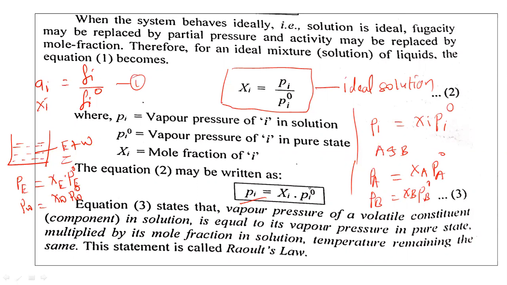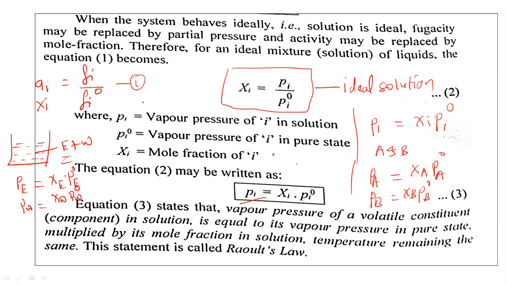So equation 3 states that the vapor pressure of a volatile constituent in a solution is equal to its vapor pressure in the pure state multiplied by its mole fraction. What is the meaning of this?